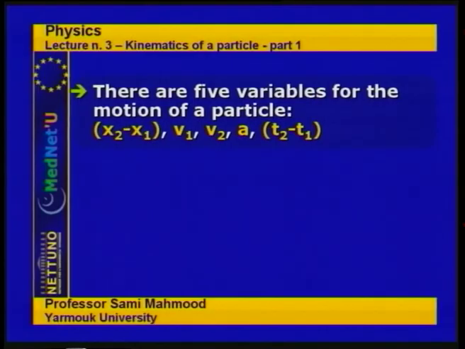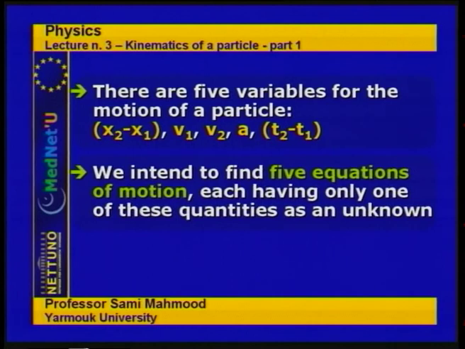These 5 parameters are the displacement x2 minus x1, the velocity v1, the velocity v2, the acceleration, and the time interval t2 minus t1. Thus, if we can find 5 equations, each one of them containing one of these 5 parameters as an unknown, where the rest of the parameters are known, we can have a way of solving any problem and finding the unknown parameters of the motion.